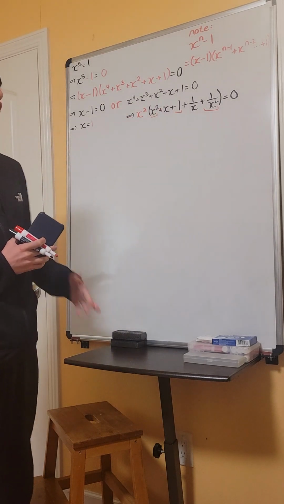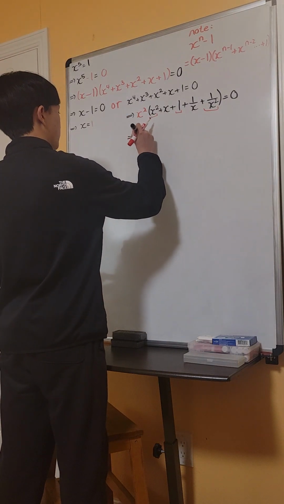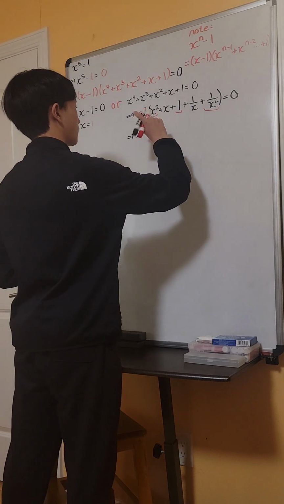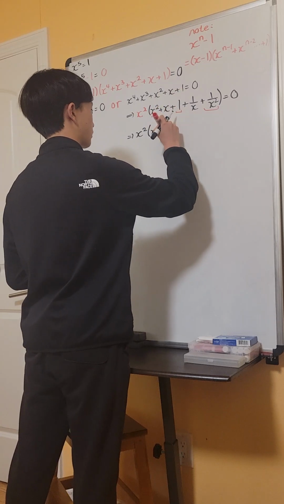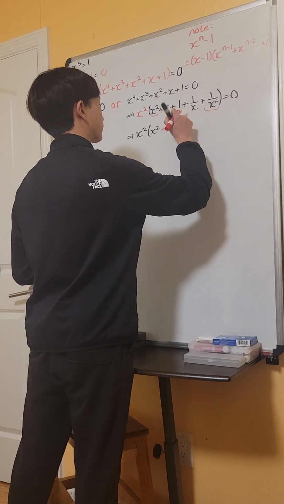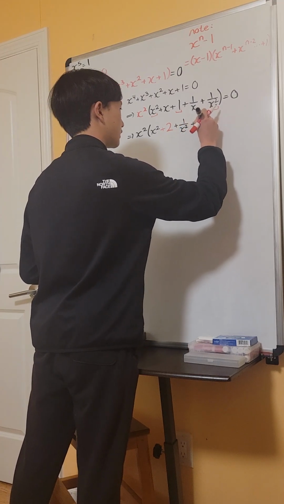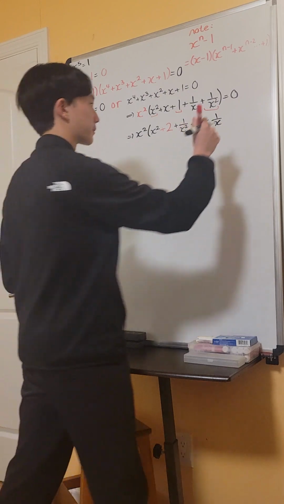So let's just make it a 2. We still have x squared, and then let's group these 3 terms together, x squared plus 2 plus 1 over x squared, and then we have our linears, and don't forget that we still have to subtract off 1.